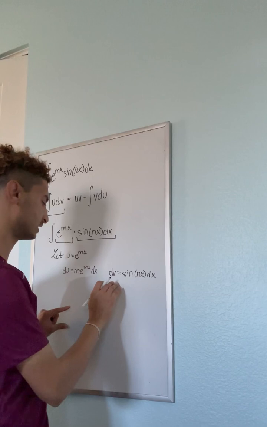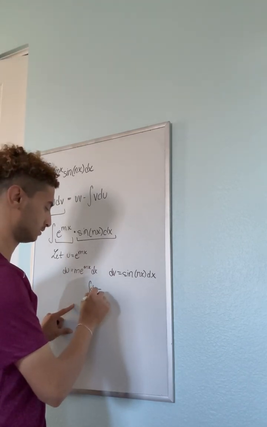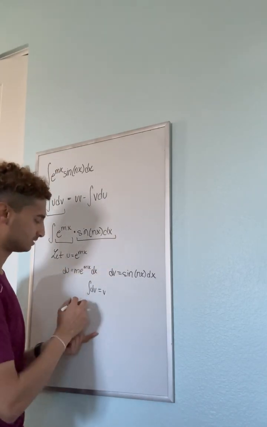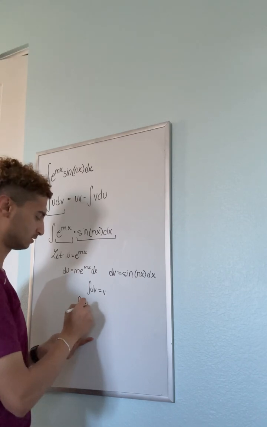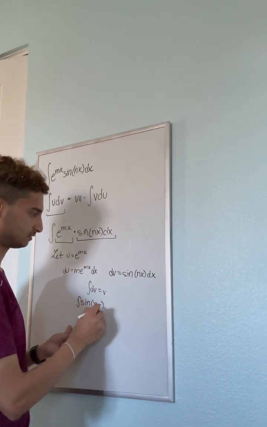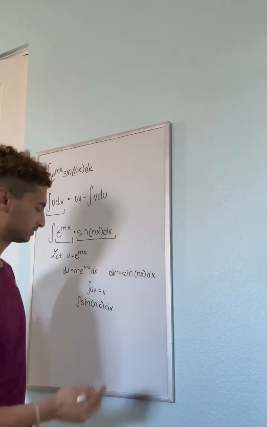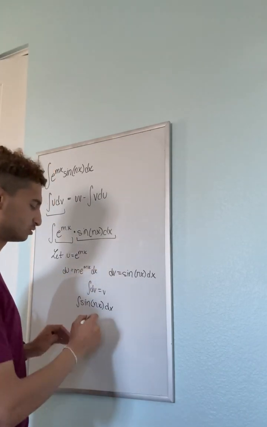So the way you would integrate this to find v is by u substitution. If you see just a number being multiplied to x, or even a number just being added to x, you could always just use u substitution.